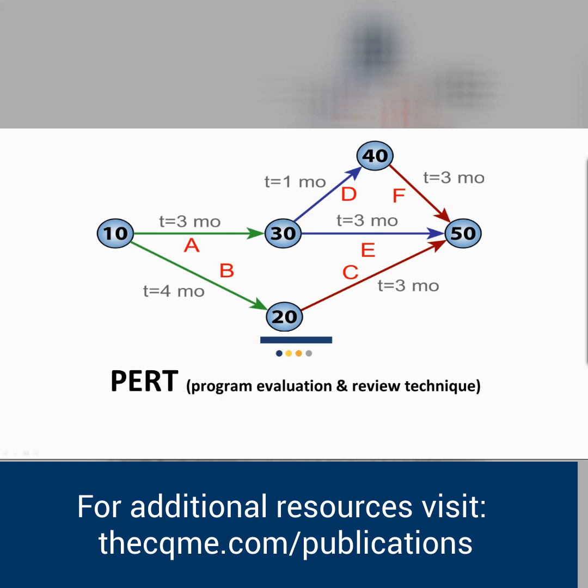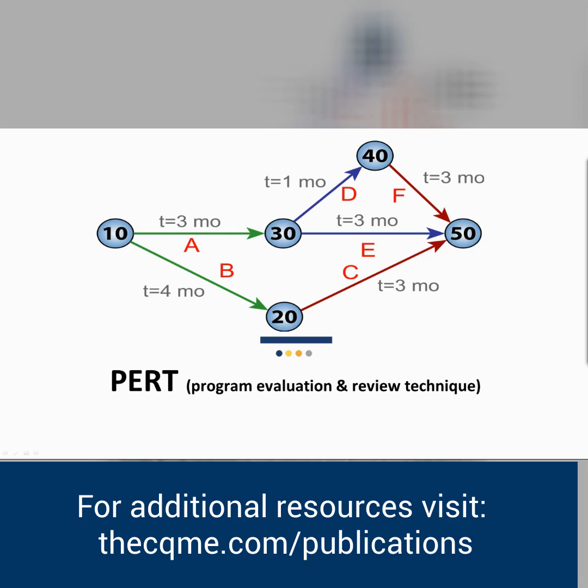Another way to keep track of the work is with a PERT, or a program evaluation and review technique. It's a network diagram, and it represents events and activities that are in a sequence, and the sequence of the networks determines the critical path. So here, this one has to happen before either of these two can happen.